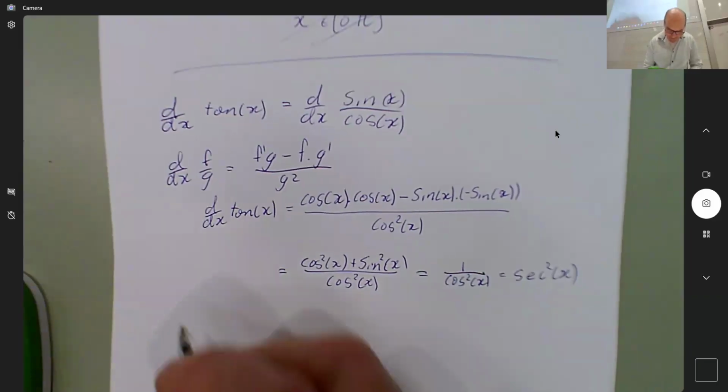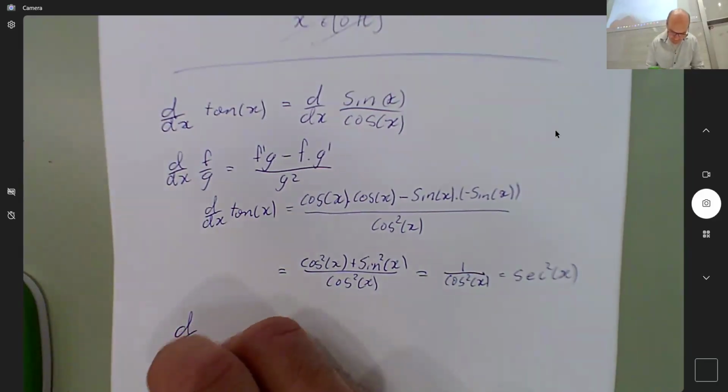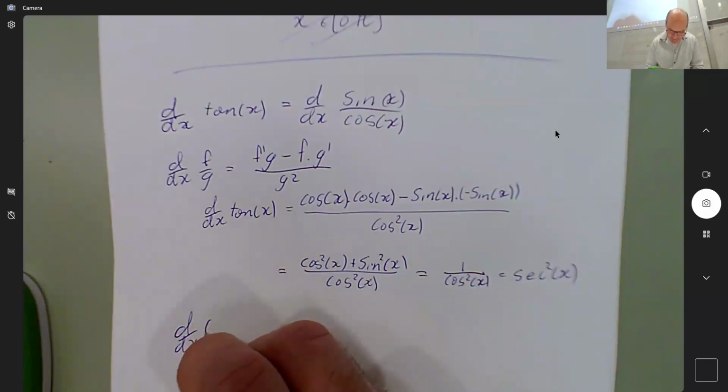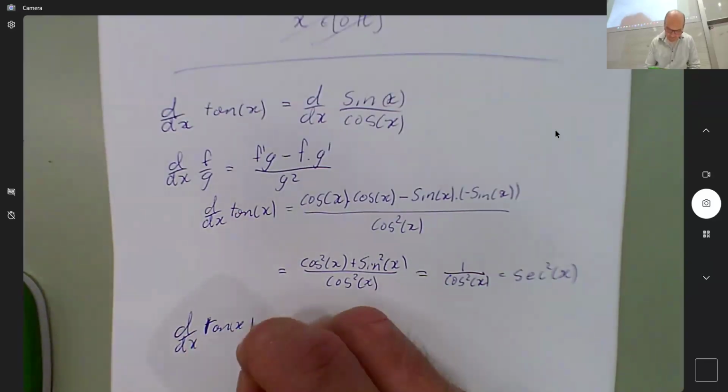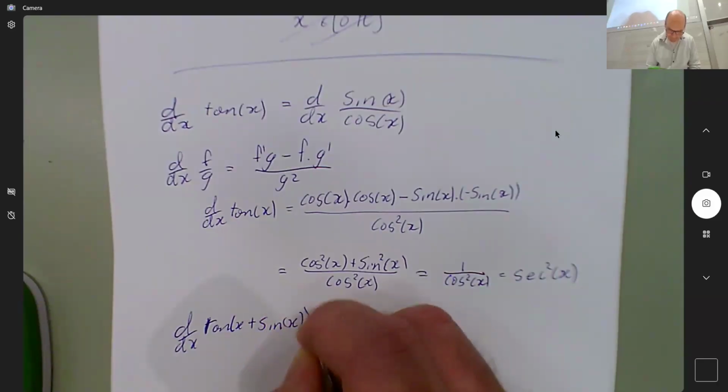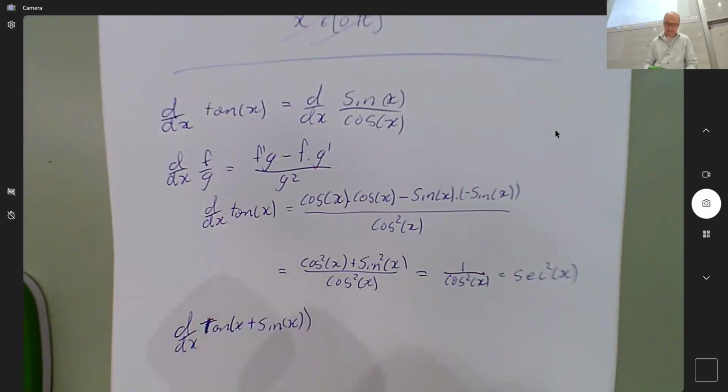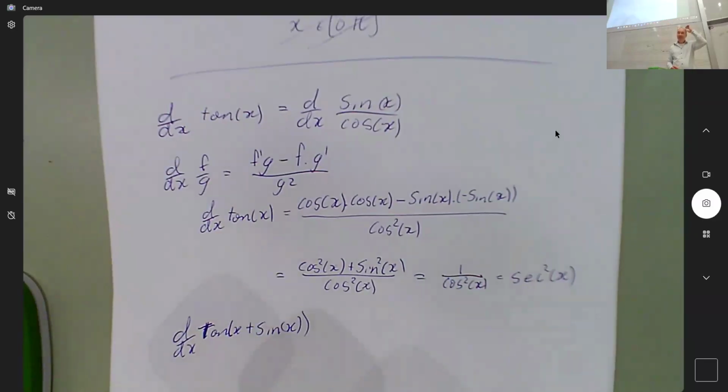So if I do the derivative with respect to x of tan of x plus sine x, this is kind of weird. I've got a composition of functions now, and that means chain rule.